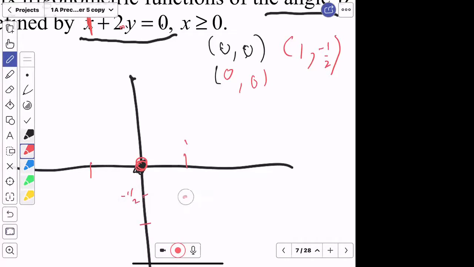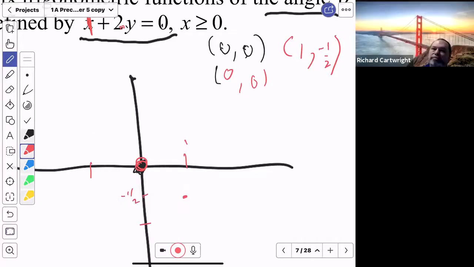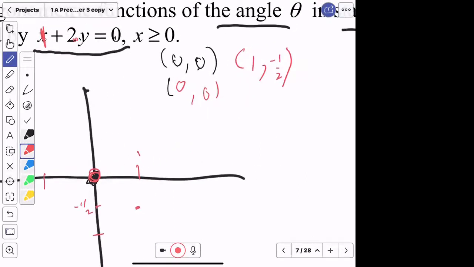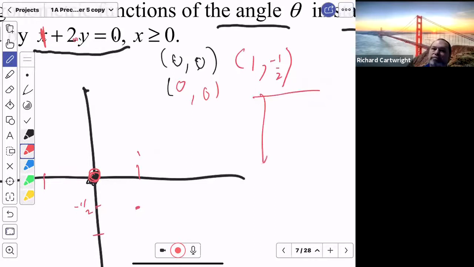Sir, why did you replace the x with the 1? I made up a point. Okay. I just made up a point. If you wanted to, you could have just solved it for y. That's the other way some kids do. If I go back to the original, if x plus 2y equals 0, then you could say 2y is a negative x, right?